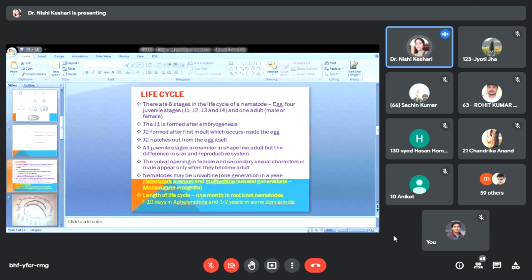Then the nematodes may be univoltine or multivoltine. Univoltine or multivoltine means if in one season it has one generation, then it is univoltine, and if it has more than one generation in one season, in 1 year, then it is multivoltine. So what happens in Heterodera avenae, I told you that these nematodes are host specific and they need a host to develop.